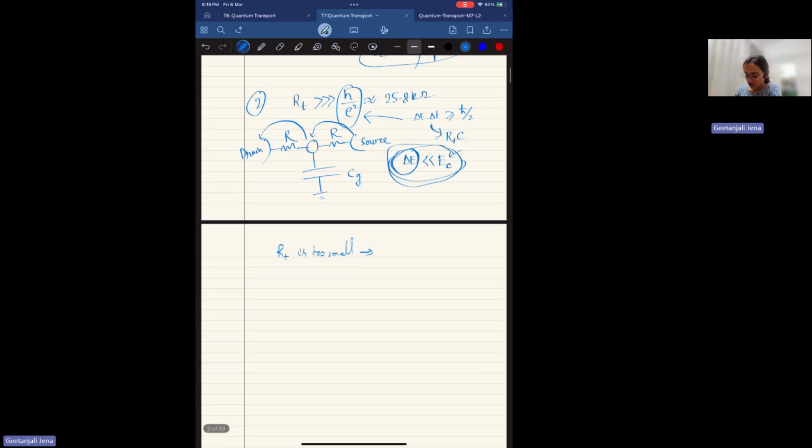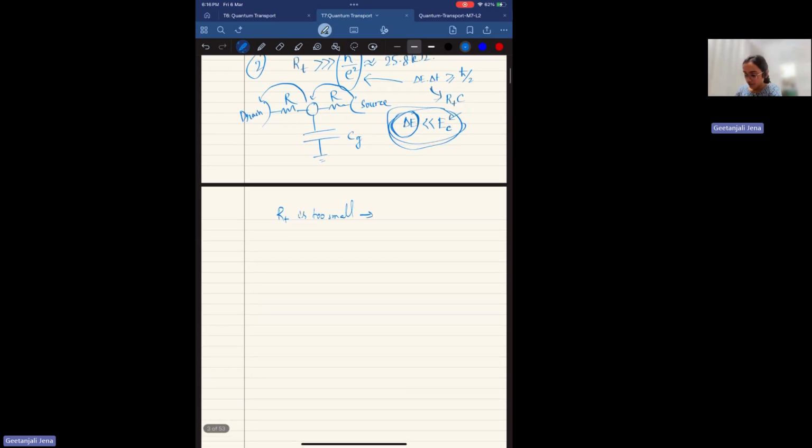That means the quantum fluctuation in the number of electrons in this quantum dot region will be very large, because it is a continuous flow. Because the resistance is very small, it allows the electrons to pass through the tunnel region as well as through the quantum dot region very easily.